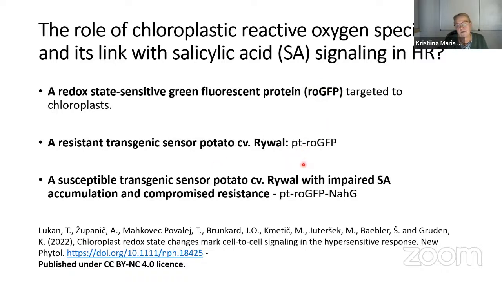And now this kind of transgenic potatoes were produced again in Kristina Kruden's laboratory, and they have this reporter in the resistant Rywal potato background. And they did a study to look at how the redox state is regulated during PVY infection in chloroplasts with these reporters.